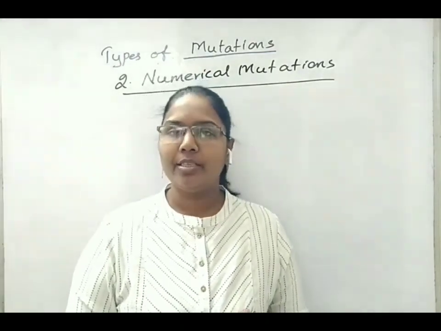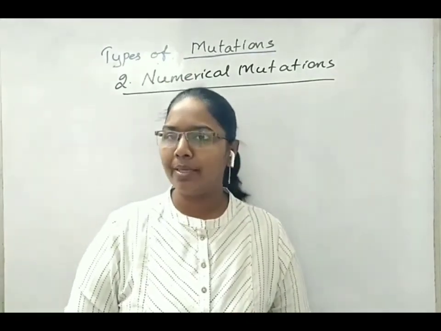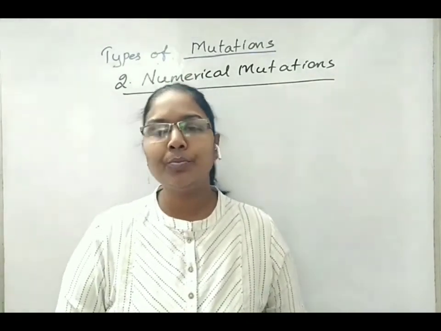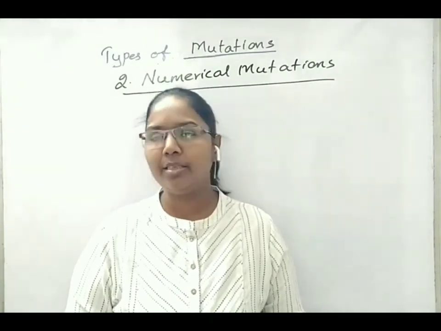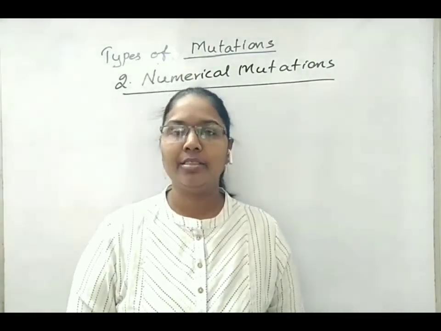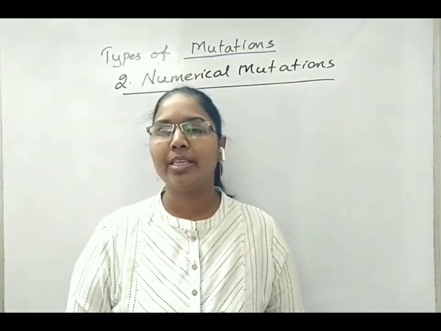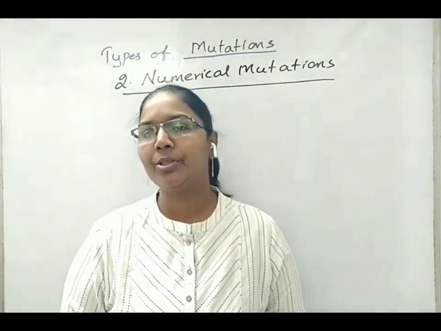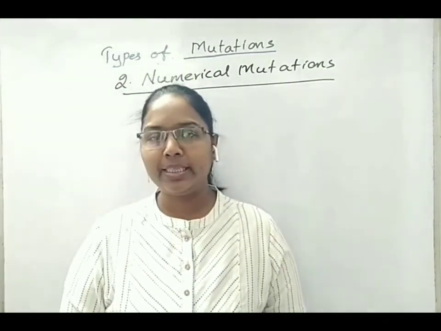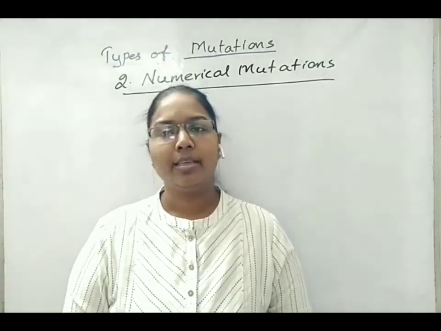If the change in number of sets of chromosomes happens, then it is called euploidy type of numerical mutation. And if there are changes in total number of chromosomes, then such type of mutations are called aneuploidy type of mutations. We will see complete details about numerical mutations in the next video.